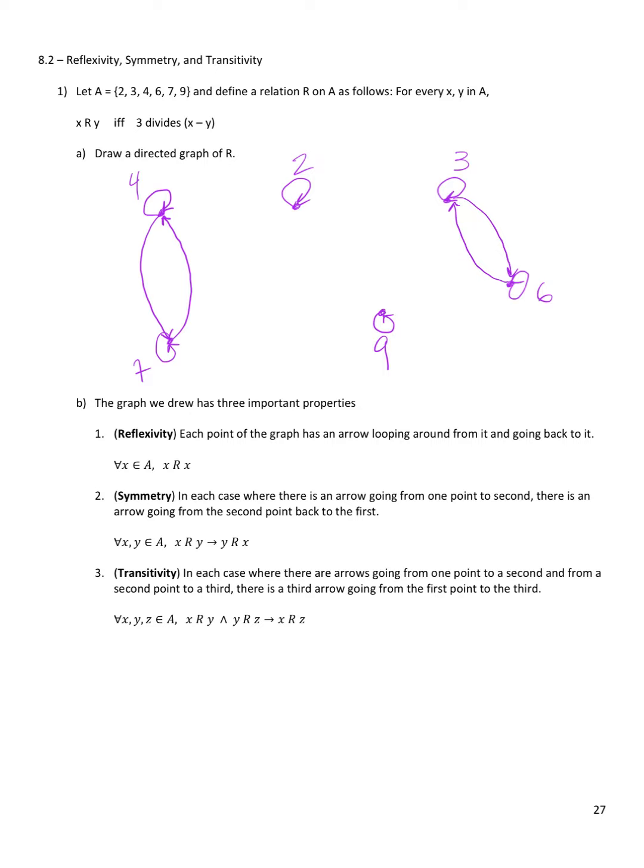Both of them are divisible by 3. So I've got to put some arrows like this. And then the difference between 9 and 6 is 3 or -3, and both of them are divisible by 3. So put arrows here. All right, so there's my directed graph for this relation.